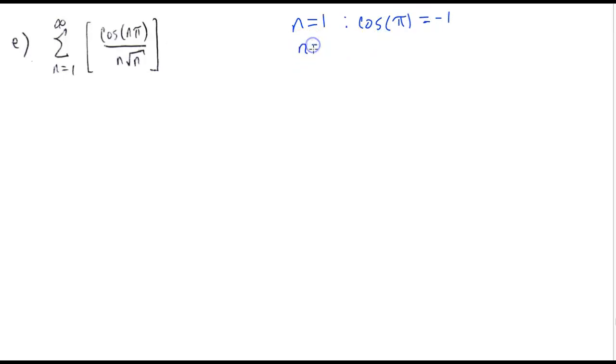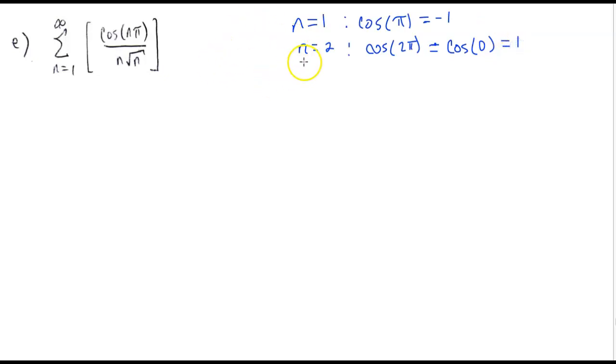But if n is equal to 2, then this would be cosine of 2 pi, which is the same as cosine of 0, which is 1.